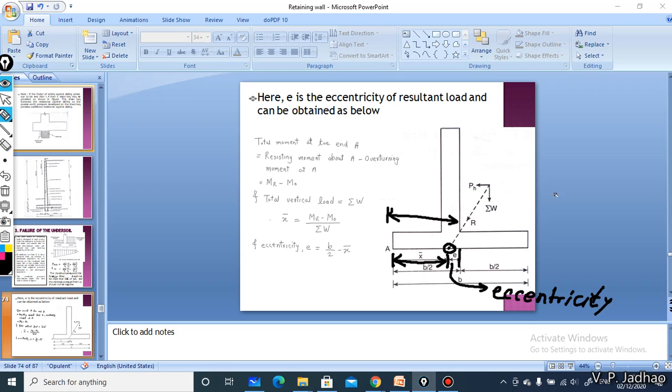So we will calculate the value of x bar. The formula for calculating x bar is equal to Mr, the resisting moment minus the overturning moment, divided by the summation of W. So we will use this particular formula to find out the value of this x bar.